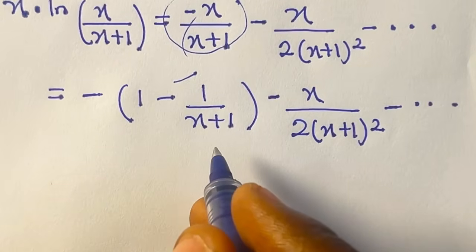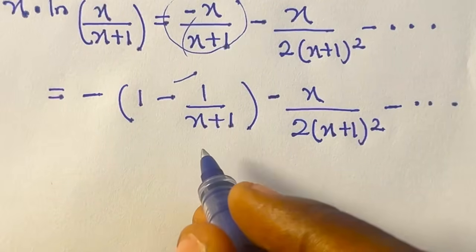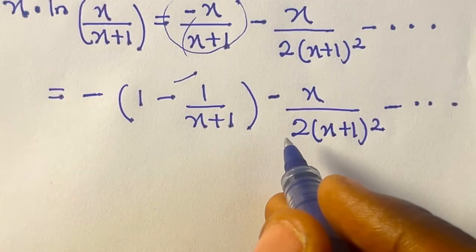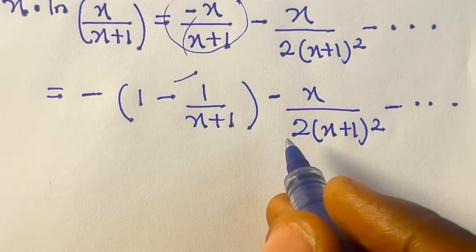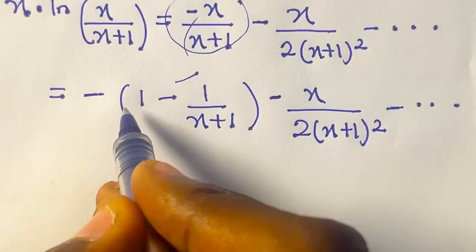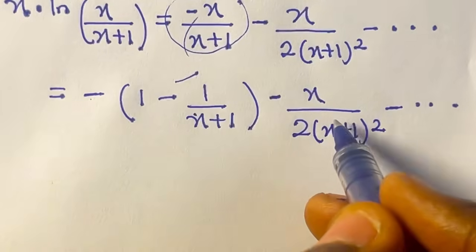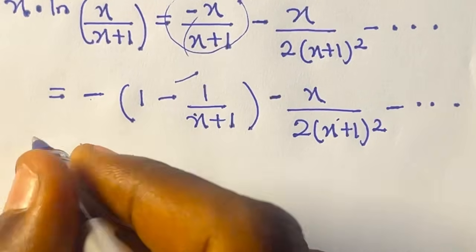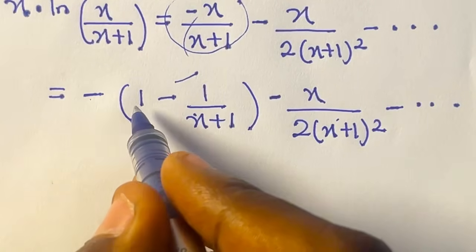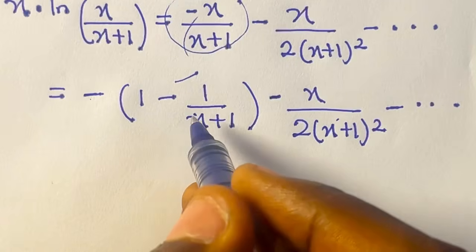Going like this, we are looking at a number that approaches infinity, so all the later terms become 0. If all that becomes 0, we are going to have this minus 1. So we have minus times 1, which is minus 1.